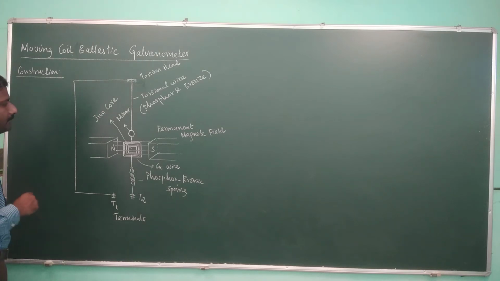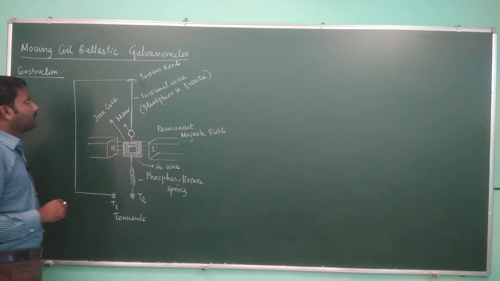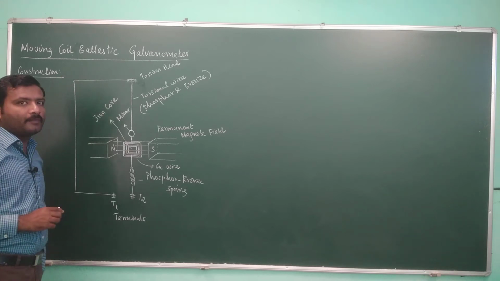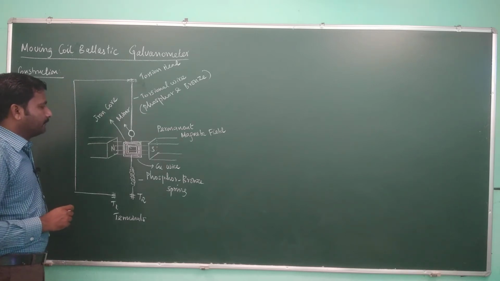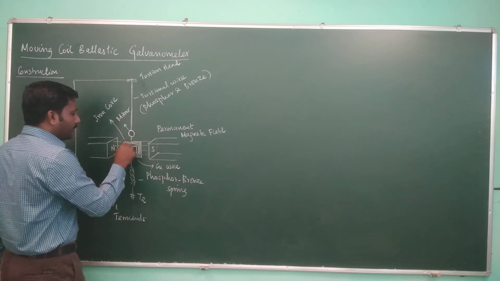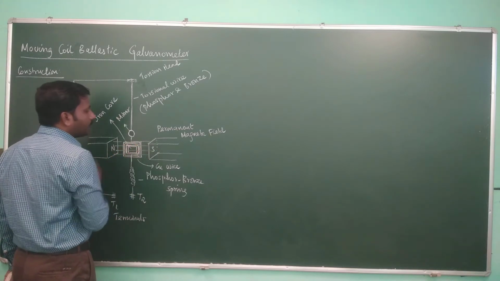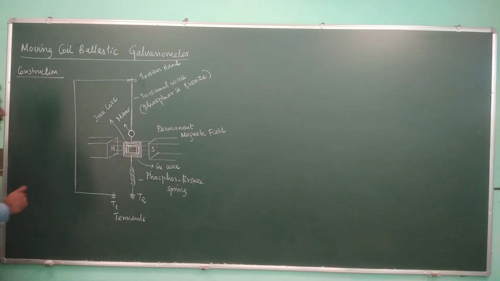Now let's come to the two important characteristic differences of the ballistic galvanometer over the moving coil galvanometer. One is the frame in which the coil is wound. That frame is non-metallic.